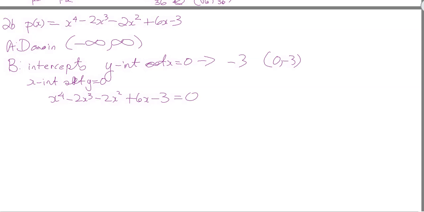I don't know, let's try 1. What happens? We get 1 minus 2 minus 2, plus 6, minus 3. I think that might actually work. Let's give it a try: x equals 1. This really is a try. I kind of think it's going to work. We'll find out.